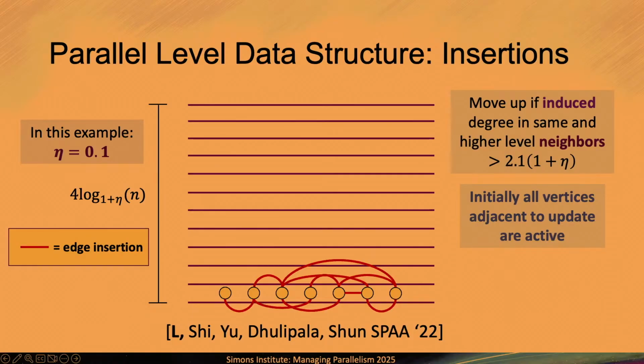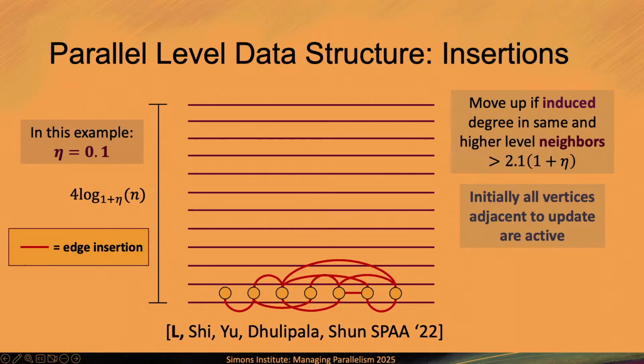In this previous paper, we used what's called a parallel level data structure to obtain approximate core numbers for your nodes. On a very high level, the algorithm works by placing nodes in a level data structure and then moving the nodes up and down the level data structure according to some rules. The final level that each node ends up on gives you an approximation of the core number.